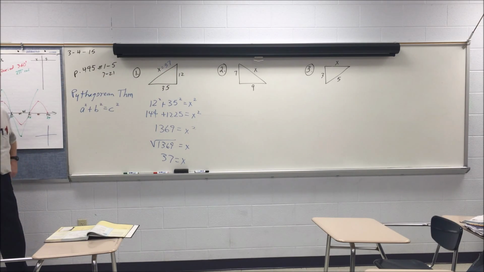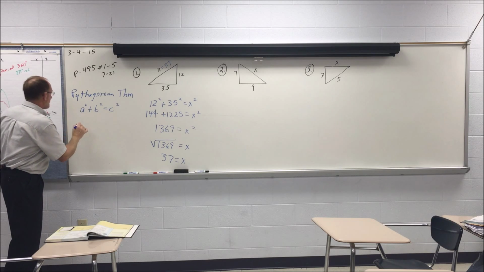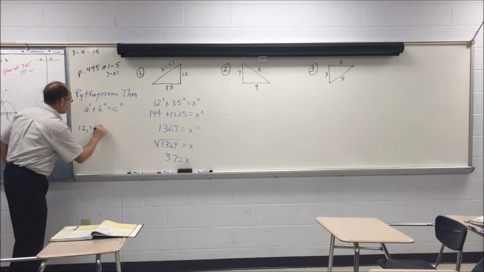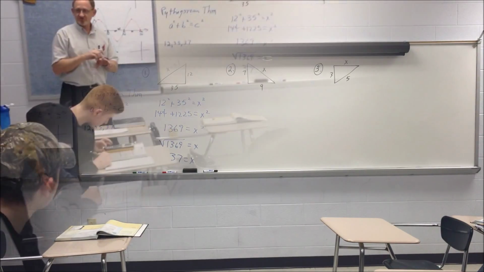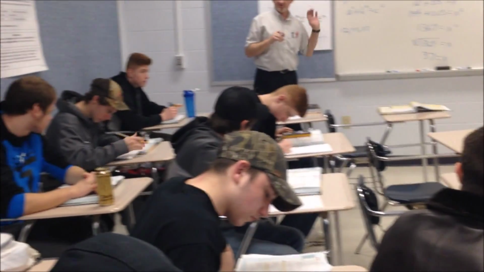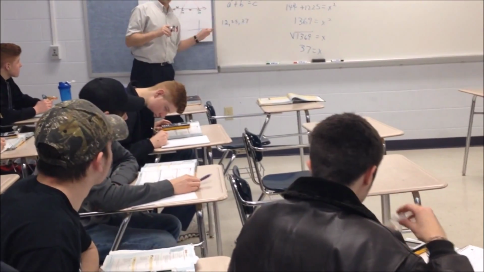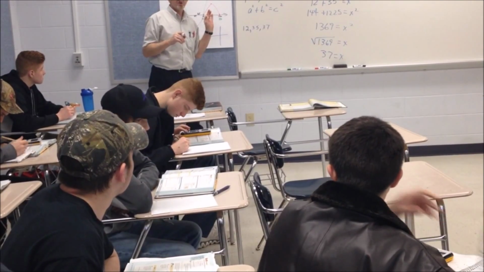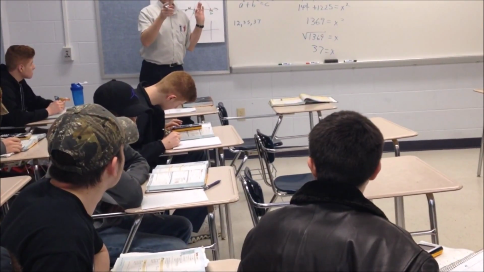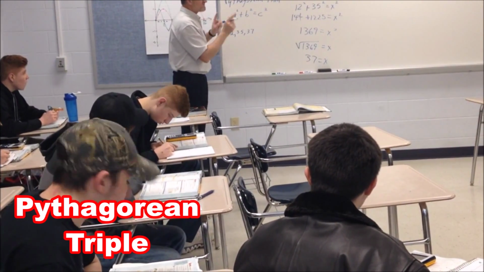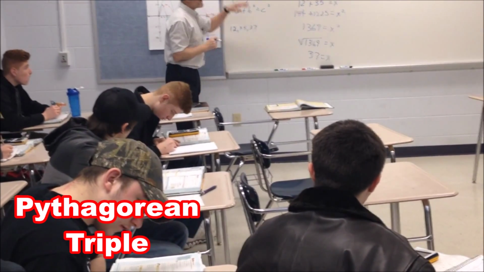Now, there's a special name we give to numbers like 12, 35, and 37. Numbers that fit the Pythagorean Theorem. What do you call 3 whole numbers that fit the Pythagorean Theorem? A Pythagorean triple. That's an important name to remember, because you'll see that from time to time.